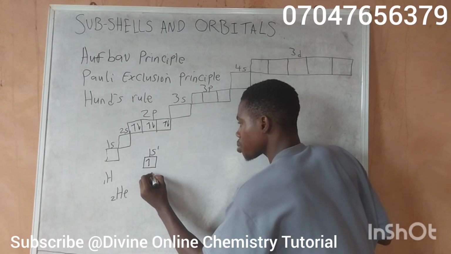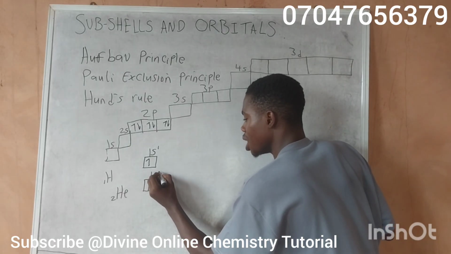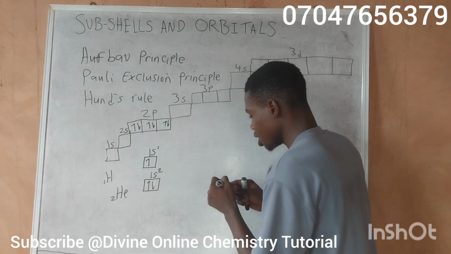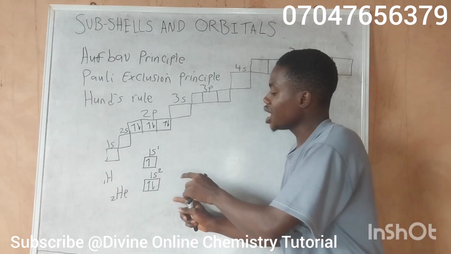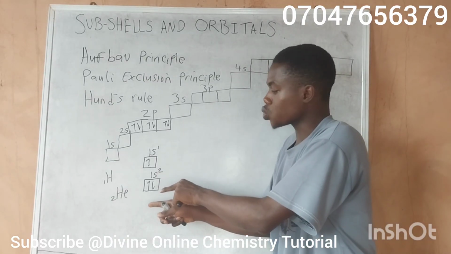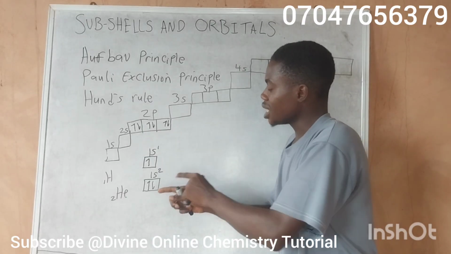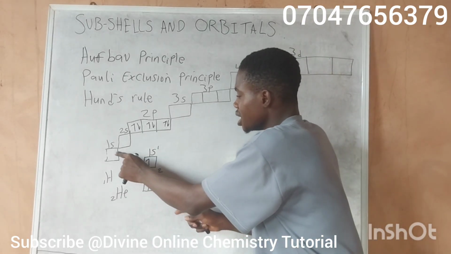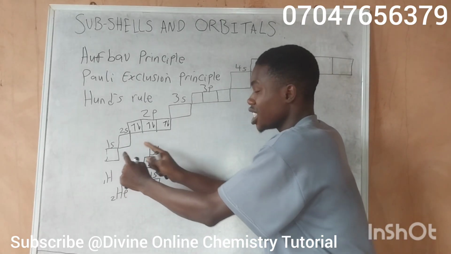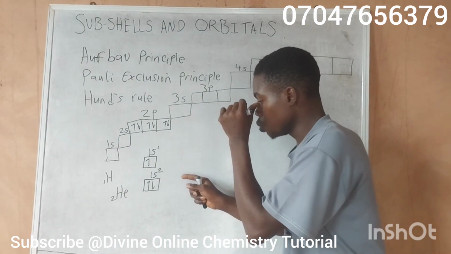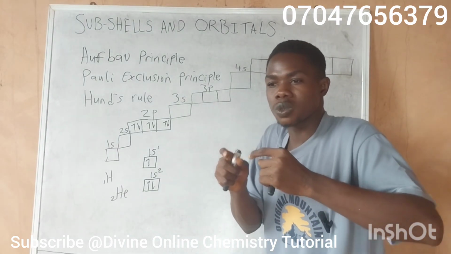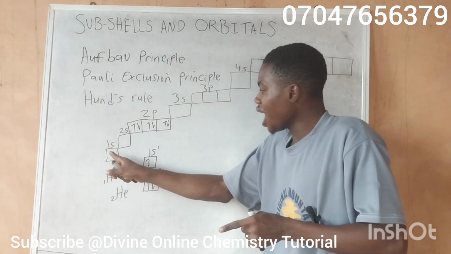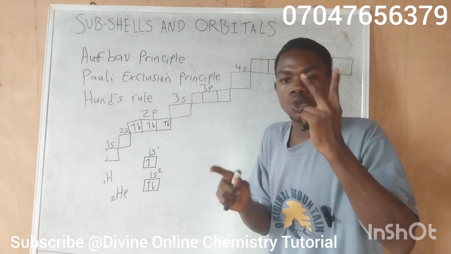So it is 1s2. Now, the 2 that is written as a power at the top of the s is telling us the number of electrons of the element you are working with. Are you seeing it now? If the orbital we are working with is not filled with the maximum number of electrons it can carry, you have no right to move to the next orbital. The s orbital can carry a maximum of 2 electrons.